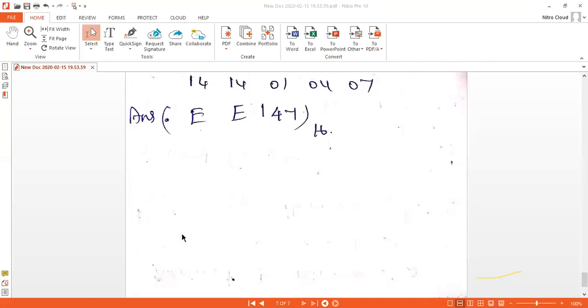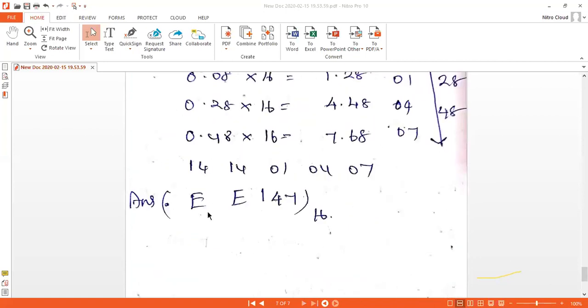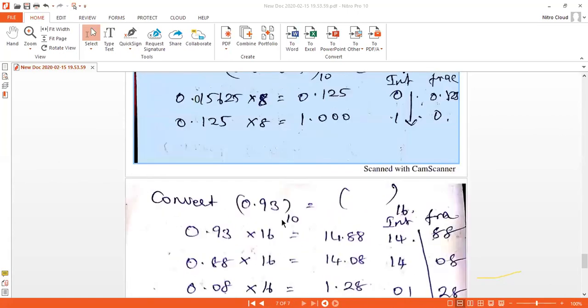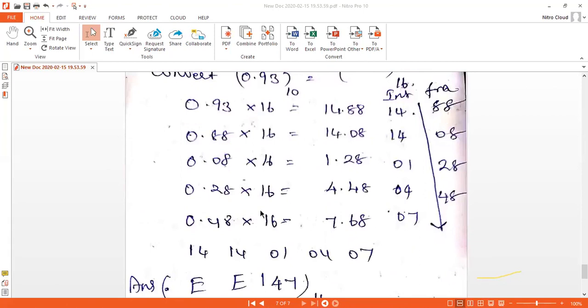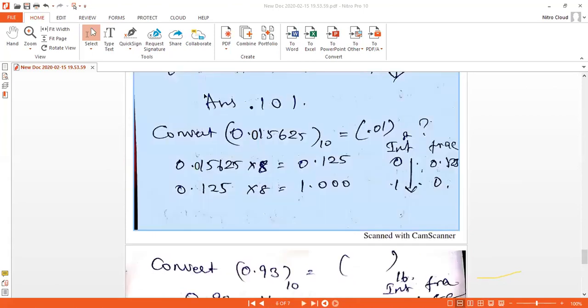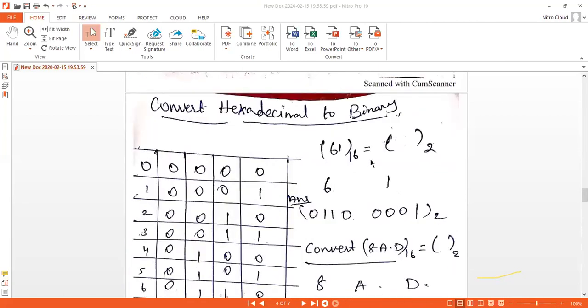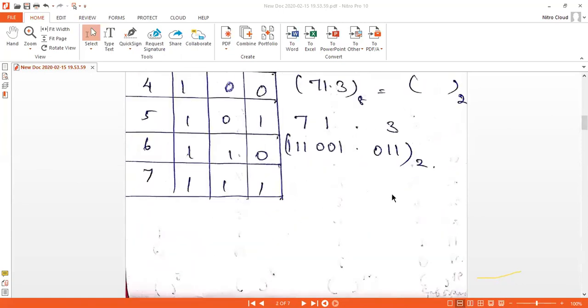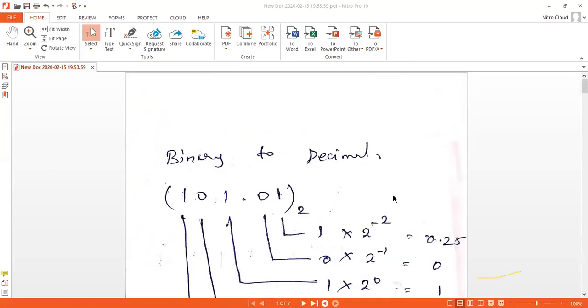Now coming back, double 14, so E E. The 147 base value 16. It is a decimal value already. So we are putting a decimal point in front. That's all. Okay, clear? Everybody? It needs a little patience to understand and a little more practice to get comfortable with it.